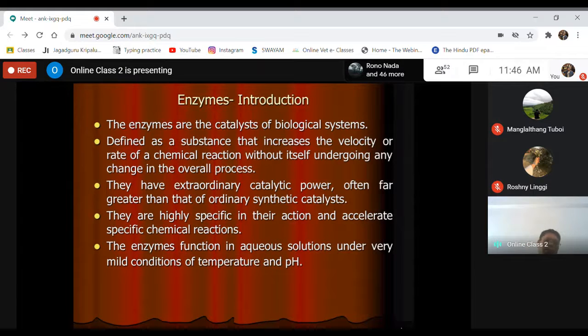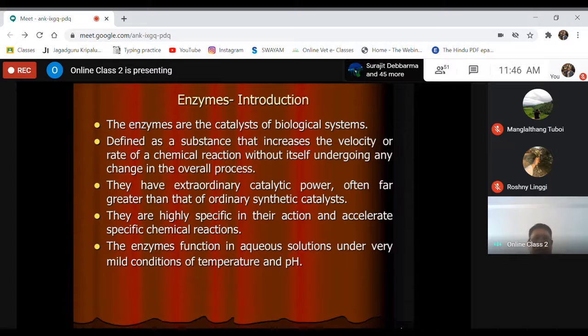When this enzyme acts, the rate of the reaction is tremendously increased, by 10 to the power 20 times. So the rate of the reaction is increased like anything when it is acted upon by the enzymes.